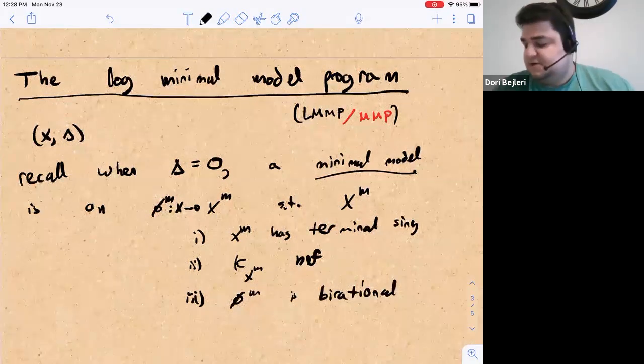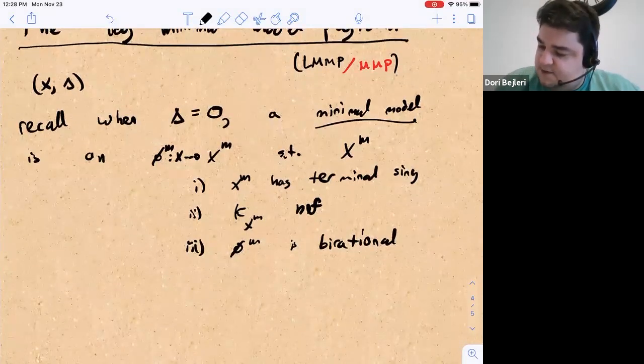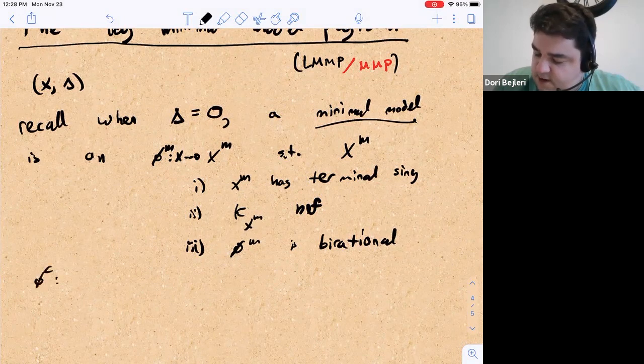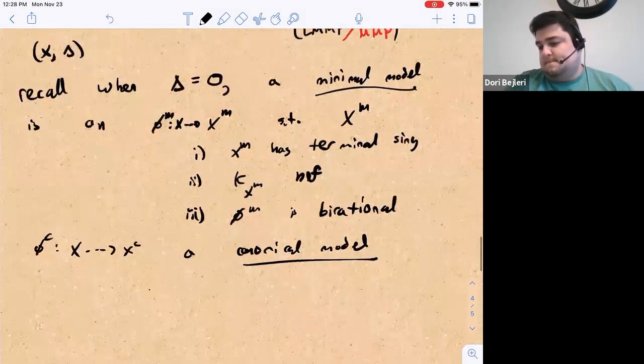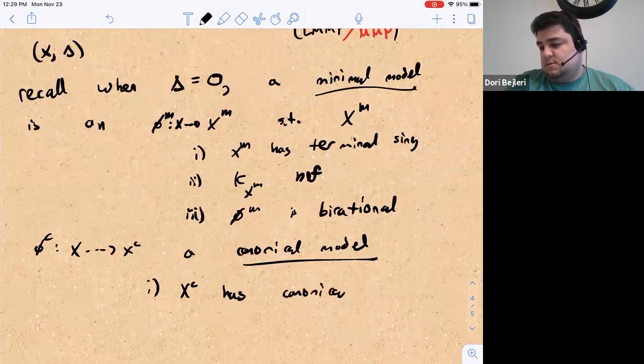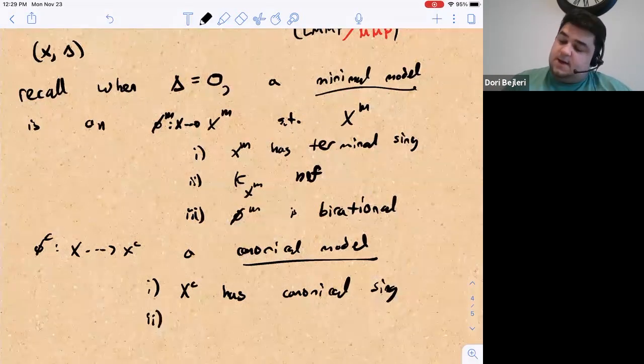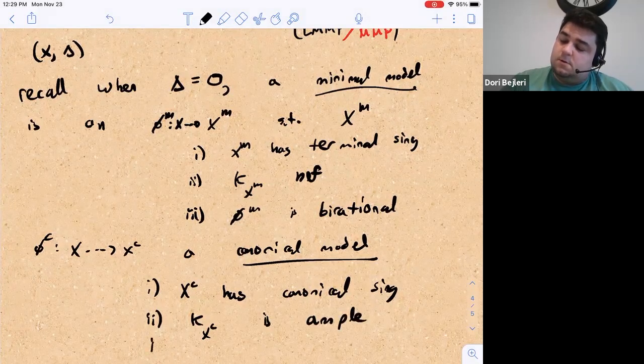Okay, so that was our definition of a minimal model in the absolute case, and then the same thing for a canonical model: 1, X_C has canonical singularities; 2, K_{X_C} is ample; and 3, phi is birational.